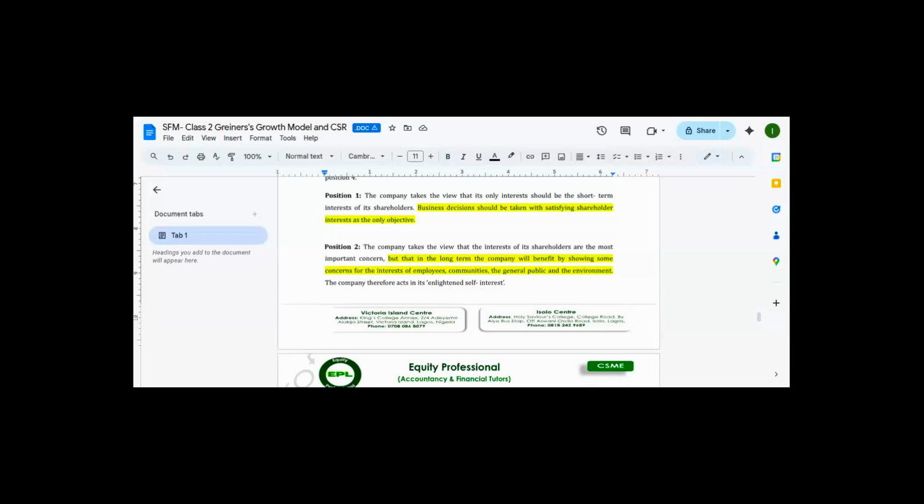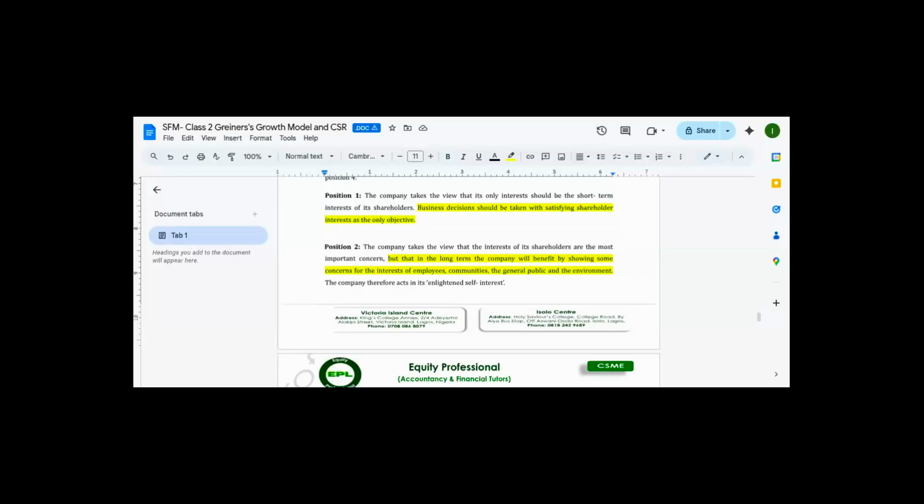Can you see that? Meaning that what the company should prioritize in the short term is just the interest and satisfaction of the shareholders: how to increase their wealth, profitability, and surpass their expectations. So business decisions should be taken with satisfying shareholders' interest as the only objective.